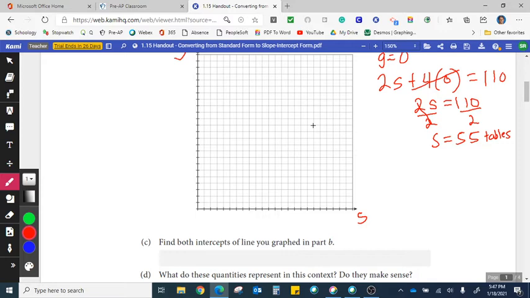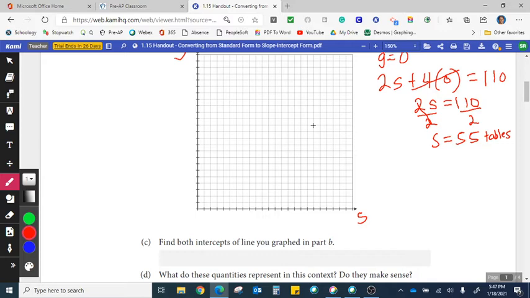I could go by 1s, but I'm probably only going to get up to somewhere like 20, so I can't go by 1s. I can go by 2s, but then I'd have to have 27 and a half of those, because if I divide 55 by 2, I get 27 and a half. So I'll just write them out as 5s.